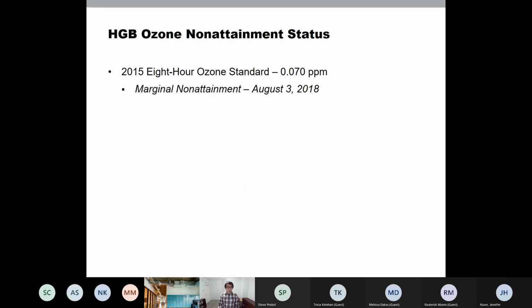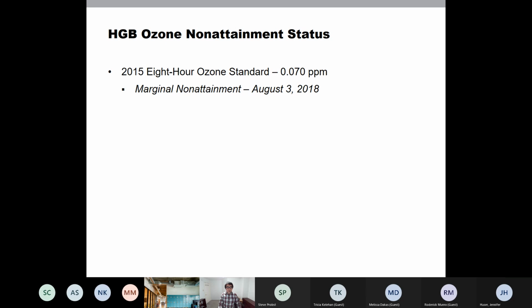In this presentation, we take the Houston-Galveston-Brazoria area, the ship channel area, as an example, but the ideas will be transferable to any ozone non-attainment area in the United States.